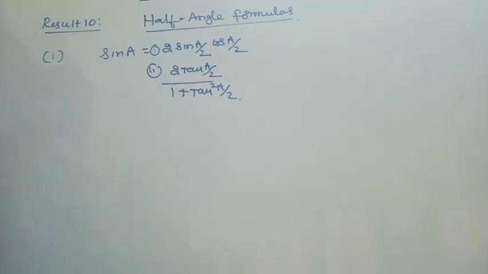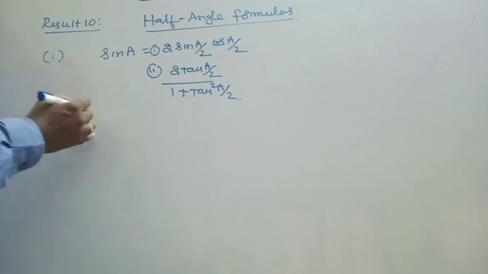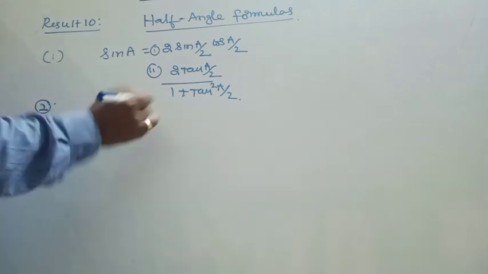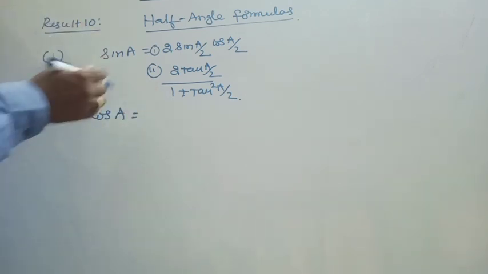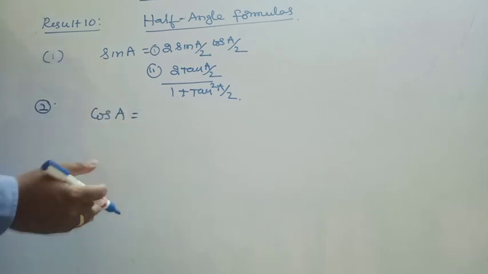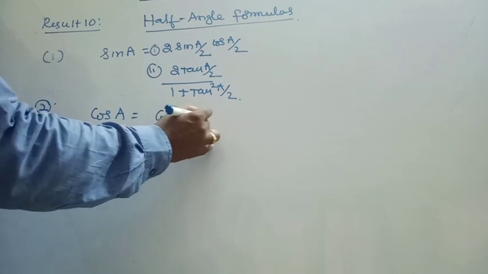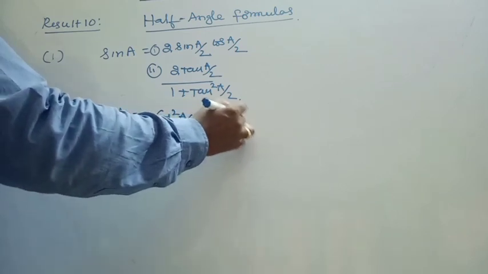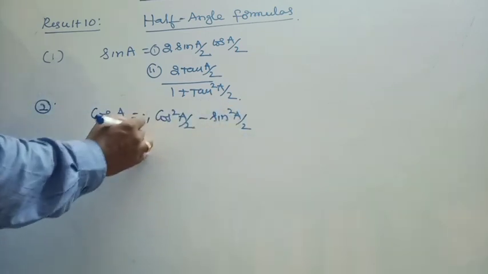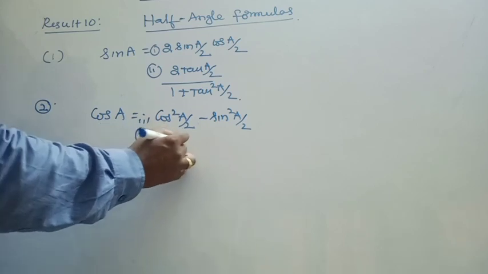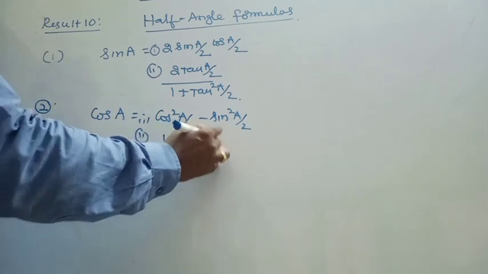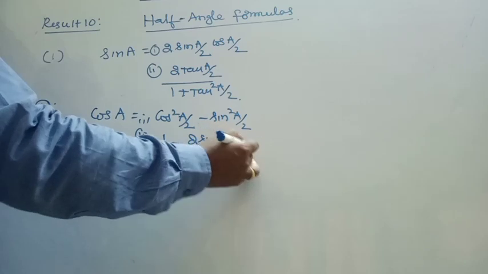Now, by understanding this simple concept, my dear students, next we have the cos A half angle formula. We have 4 formulas, and their respective half angle formulas are: number 1, cos square A by 2 minus sin square A by 2. Number 2, 1 minus 2 sin square A by 2.